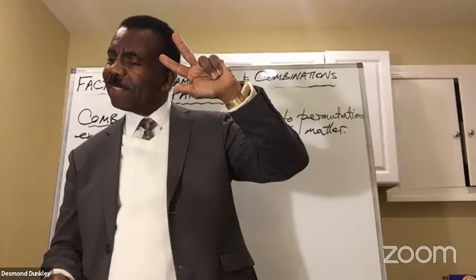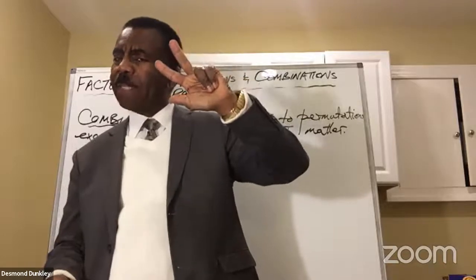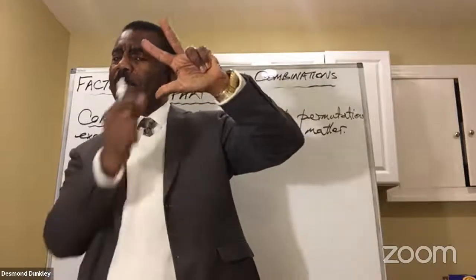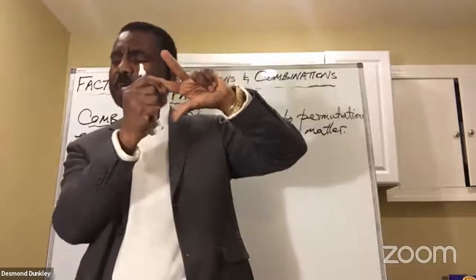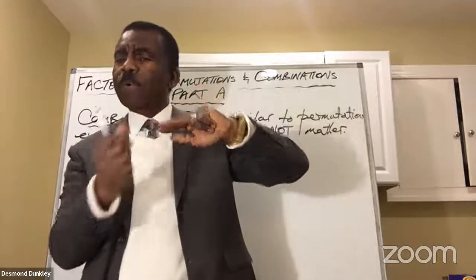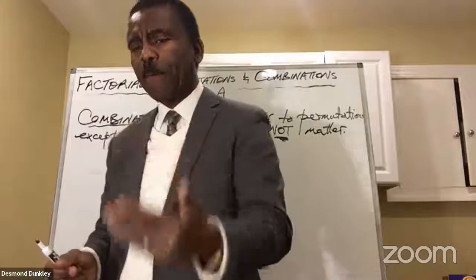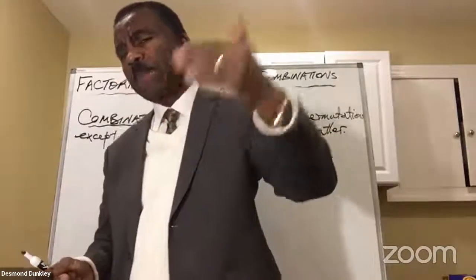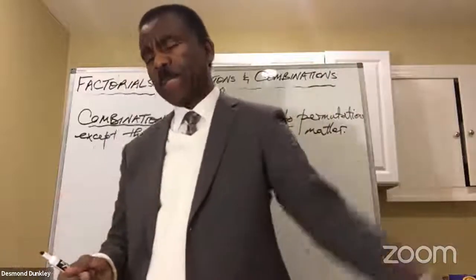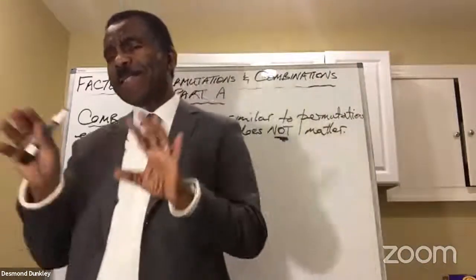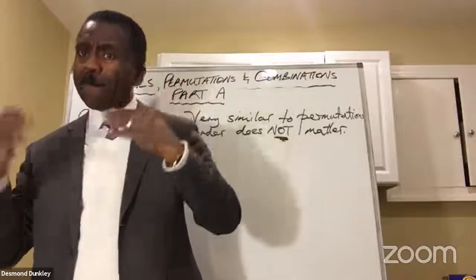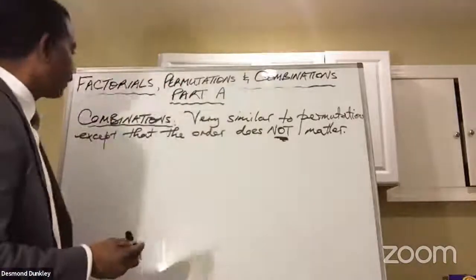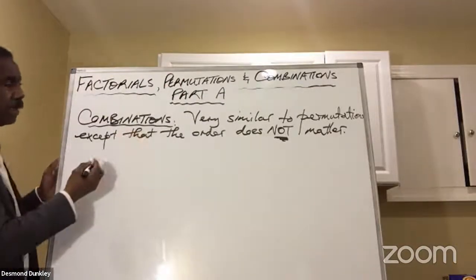Now you're giving positions to the selected people. So therefore now it matters who is the chairperson, who is the secretary, and who is the treasurer. So then you would have to use permutation because there are positions or titles assigned to each person. So those are the little situations that we have to keep in mind so we can have clarity. So what is the mathematical definition?